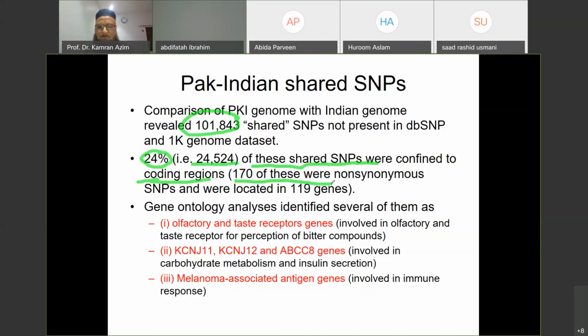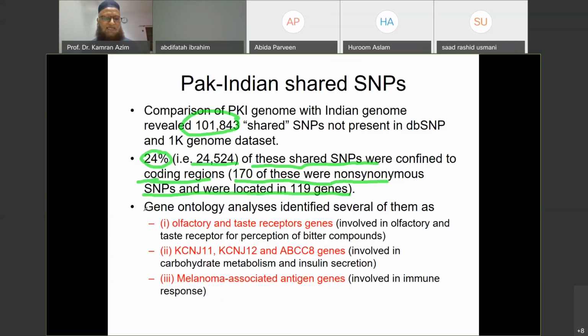170 of these were non-synonymous SNPs and were located in 119 genes. So we carried out a gene ontology analysis.